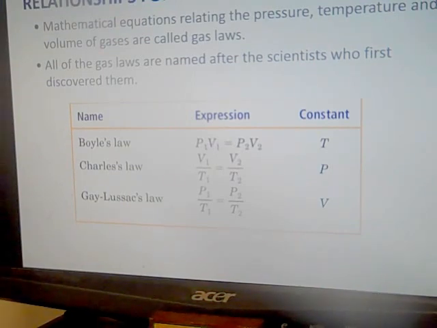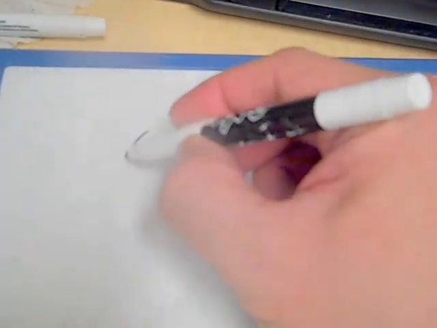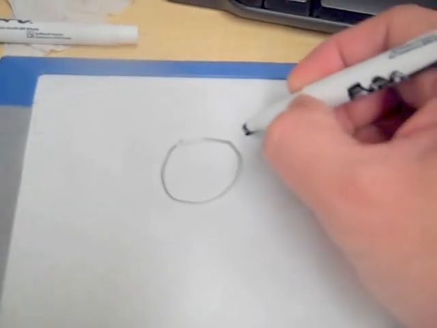Okay, so let's look at Boyle's law. Boyle's law explains the trend of a difference in pressure versus volume. For instance, if you were to take a balloon and apply pressure to it, here's an illustration: a balloon, and then an external pressure applied to it.